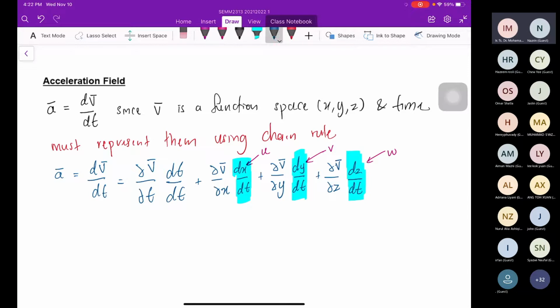Now it becomes the partial derivative of V average over dt.